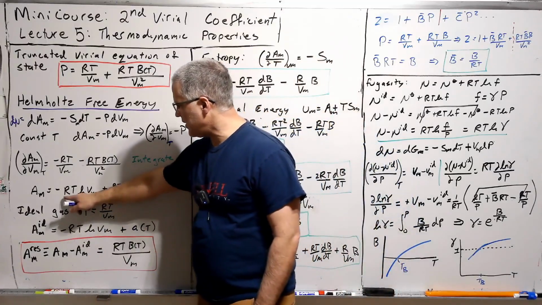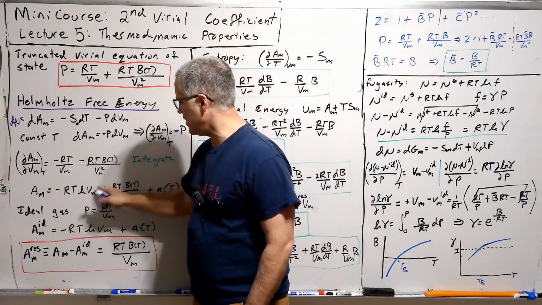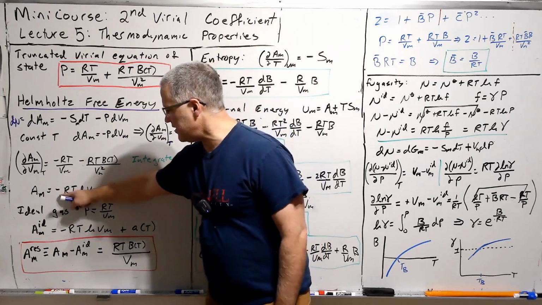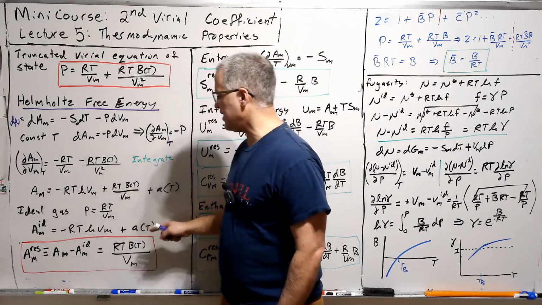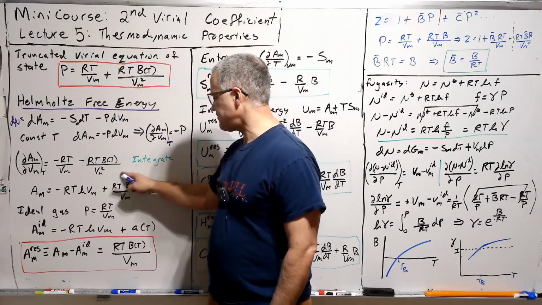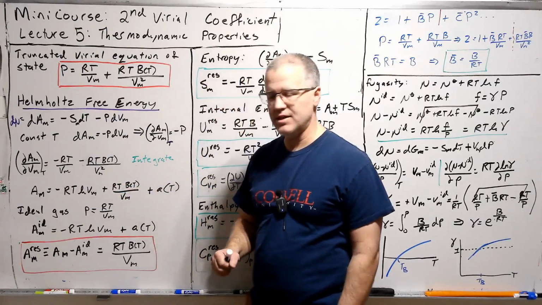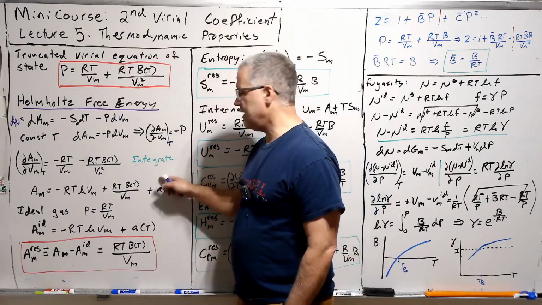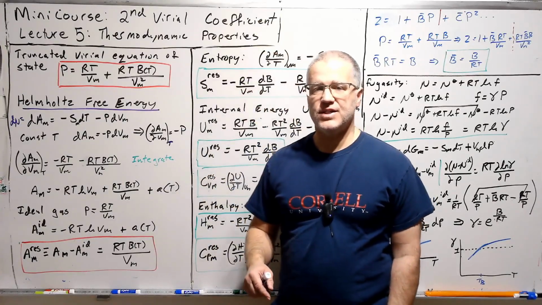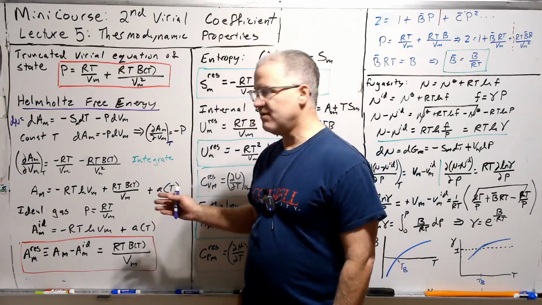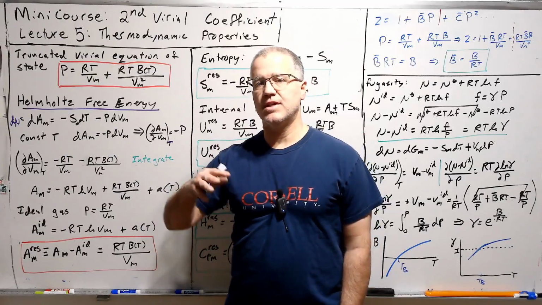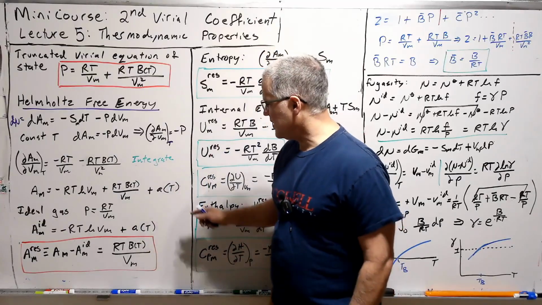When we integrate that up, we're going to get a log term here, and this is the ideal gas term. This is what we get for an ideal gas. Then here, we're going to get the correction, but we also get a constant of integration. It's a constant with respect to volume because we integrated up volume, but it is temperature dependent.